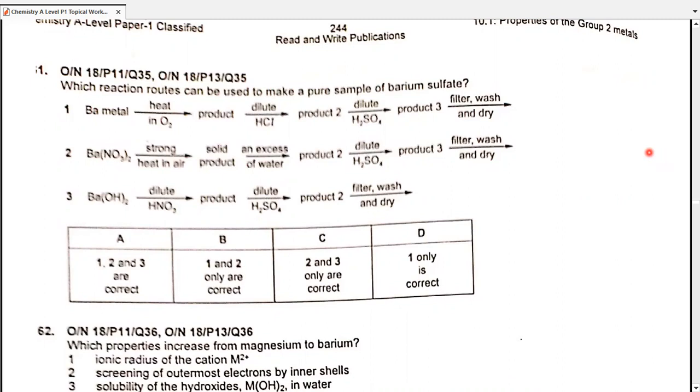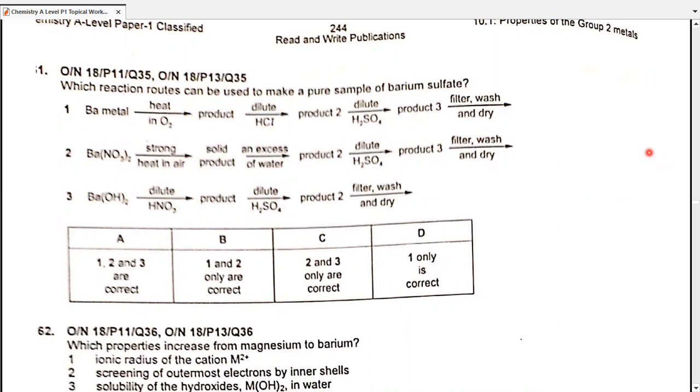Which reaction can be used to make a pure sample of barium sulfate? Barium metal, heat and oxygen, product; dilute HCl, product 2; dilute H2SO4, product 3; filter, wash and dry.